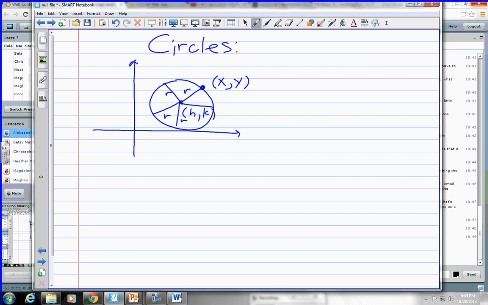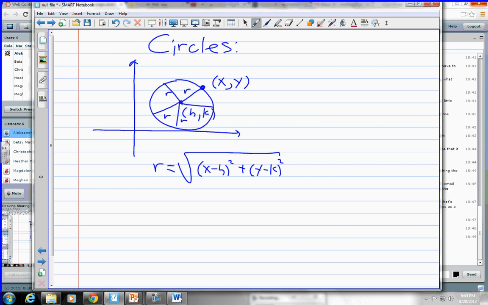R, right? So if I plug it all into my formula, I can say that r equals the square root of x minus h squared plus y minus k squared. The change in x squared, the change in y squared. Again, the order, the way I wrote it doesn't matter, so here we go.